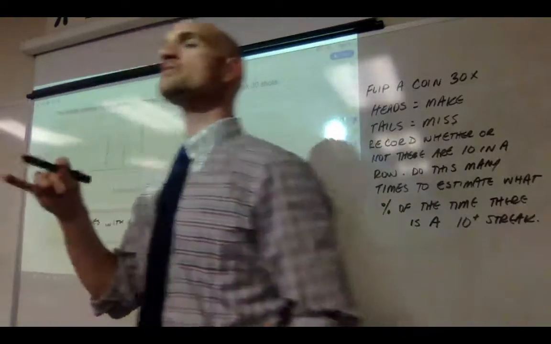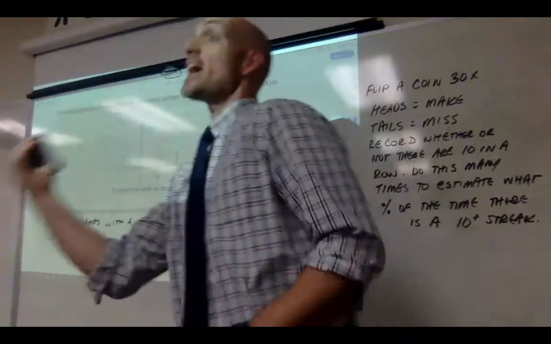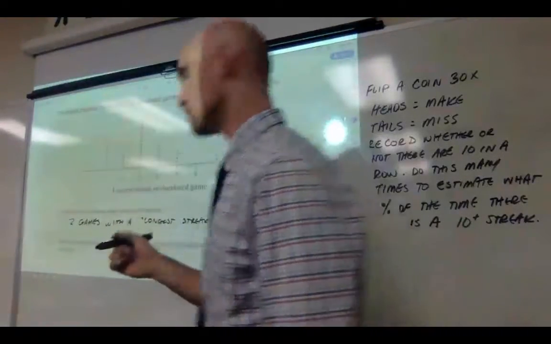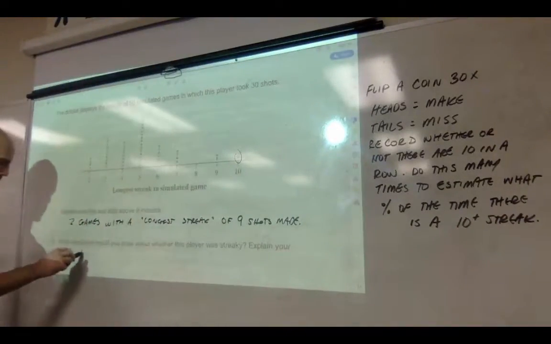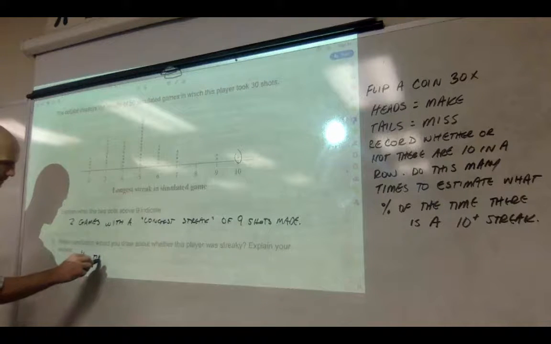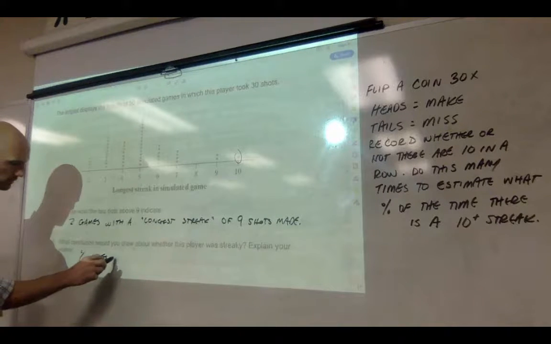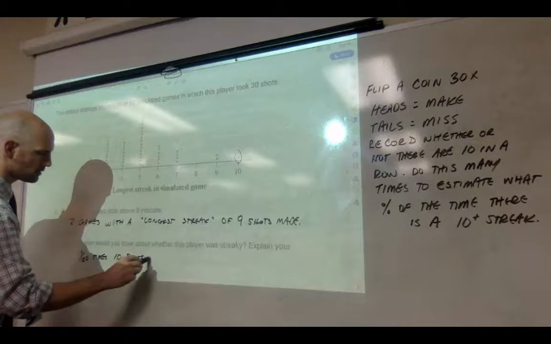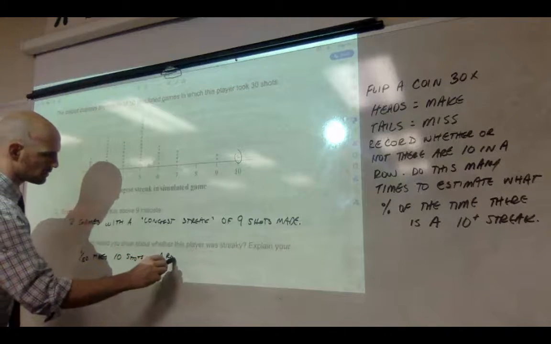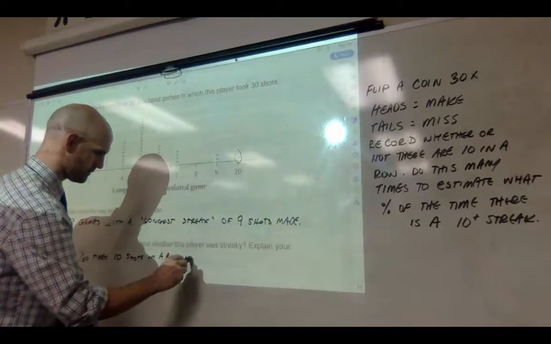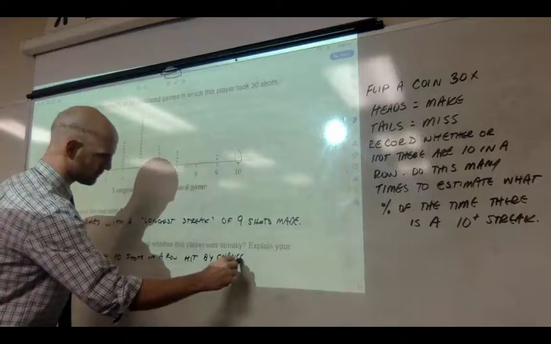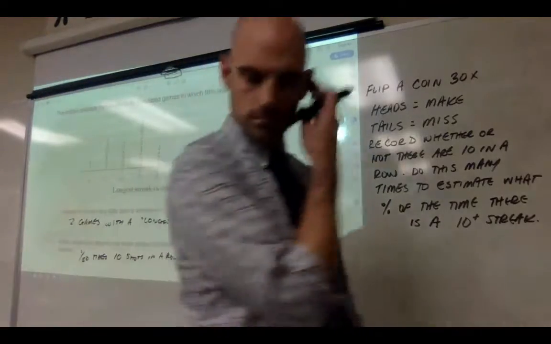So what is the mathematical probability of by chance hitting 10 or more shots in a game in a row? 1 out of 50 times, 10 shots in a row were hit by chance.